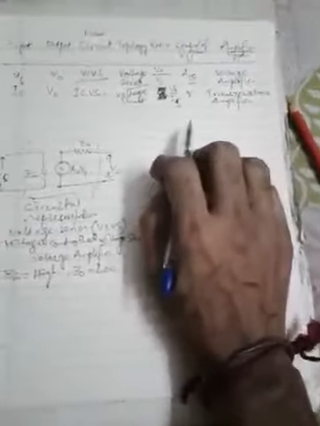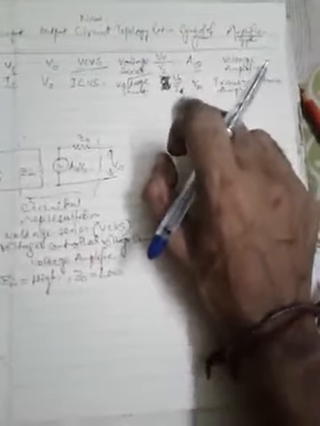So one parameter from the output side and another from the input side should be used to compute the gain. Therefore, the term trans is used, and since it is V by I, this is called a trans resistance amplifier. To be very exact, this gain is denoted by small rm. So this rm is nothing but VO by IS.